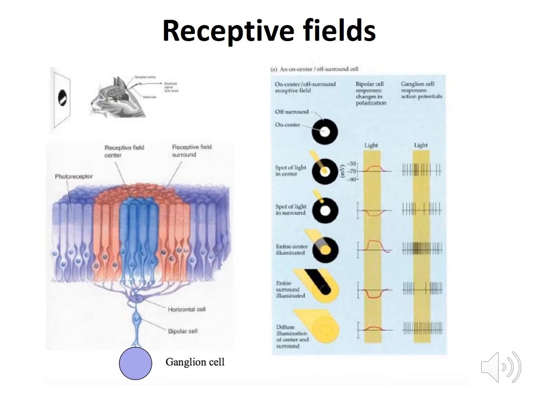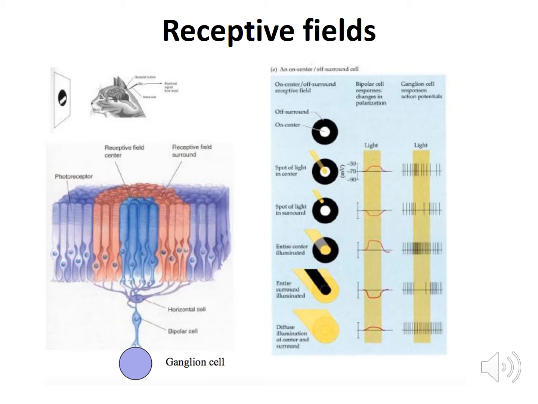Another important concept which we need to know is receptive fields. What are receptive fields? Receptive fields are composed of photoreceptors. And these photoreceptors, like we have seen, through horizontal cells and bipolar cells, merge into a ganglion cell. Now, photoreceptors are not equally sensitive to light, but some of them are turned on fully by light, others are inhibited by light.